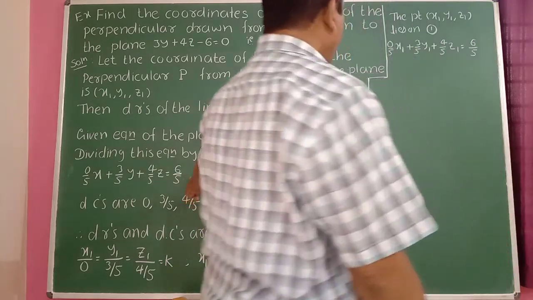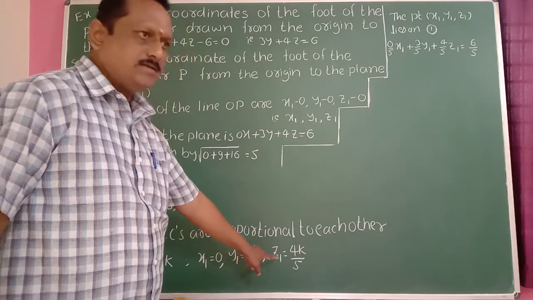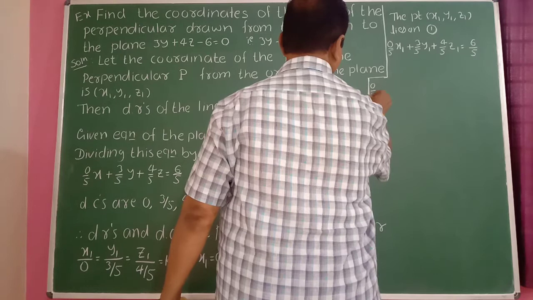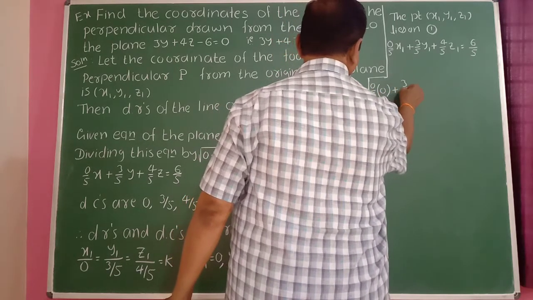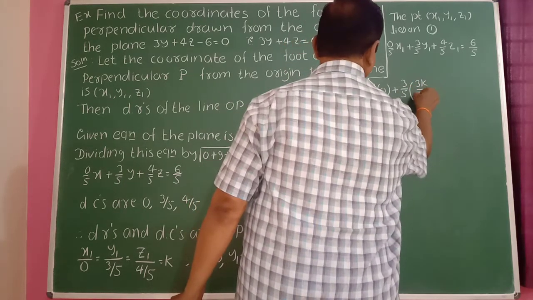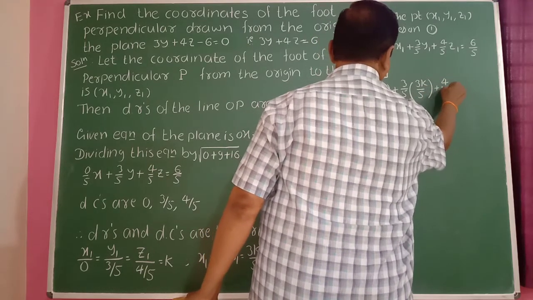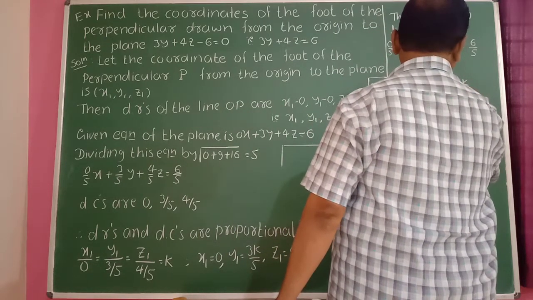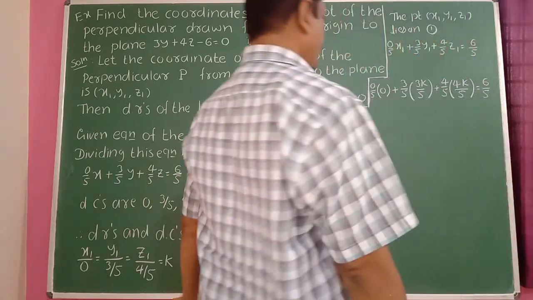So use here. But x1 is 0, y1 is 3k upon 5, z1 is 4k upon 5, use here. So 0 divided by 5 into 0 plus 3 divided by 5 into 3k divided by 5 plus 4 divided by 5 into 4k divided by 5 is equal to 6 divided by 5.